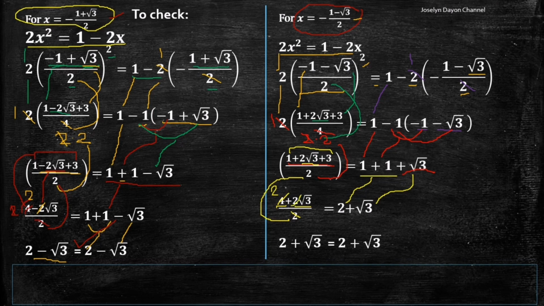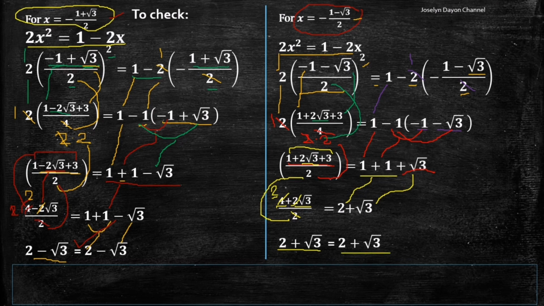Or in other words, 4 divided by 2, that is equal to 2. And 2 square root of 3, that is already square root of 3. That is why we have here 2 plus square root of 3. And on the right side of the equation, we also have 2 plus square root of 3.